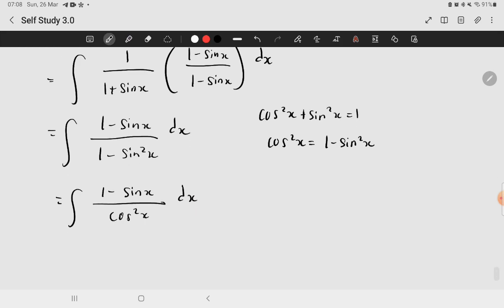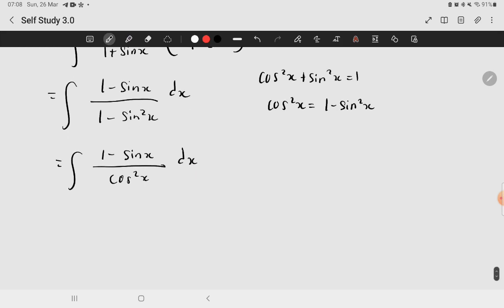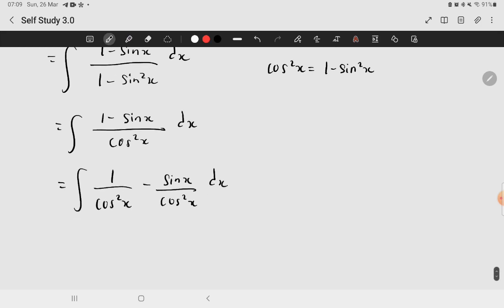Now from here, we can separate the integrand. By separating it, we obtain two terms, which are 1 over cosine square x minus sine x over cosine square x dx. Now we could express it again in another form. We know that the reciprocal of cosine, secant x, is 1 over cosine of x.